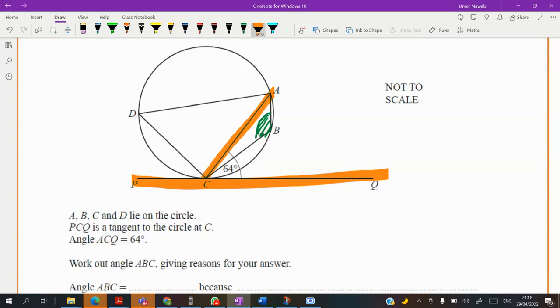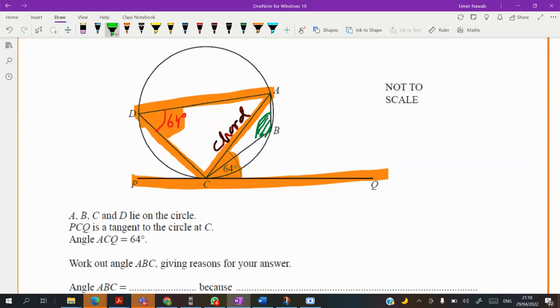So AC is a chord and PCQ is a tangent. Did he join the chord anywhere on the circumference? Your answer will be yes. He is joining at D. And do you remember which property I have taught you? By the alternate segment theorem, this is 64. So that has to be 64.